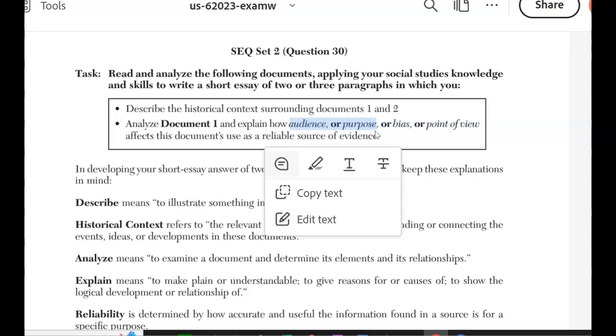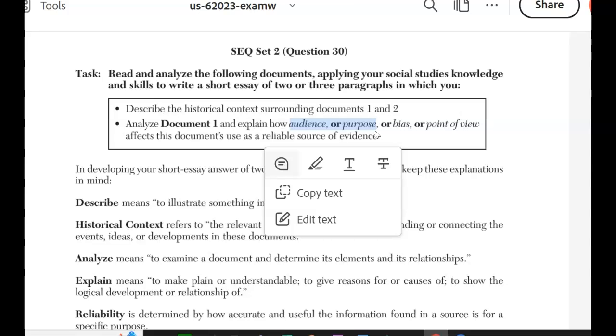So if the soldier is writing a letter to his commanding officer, a report, and the purpose of it is to report on what his company did in the battle, it might be a fairly reliable set of facts for whatever he knows, because he's making a kind of official report, and maybe it's a little bit objective.